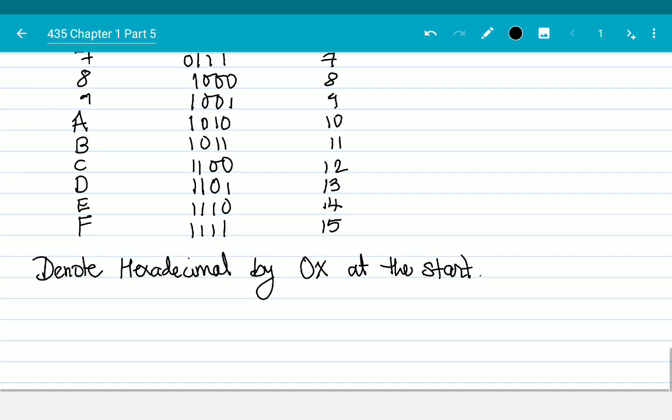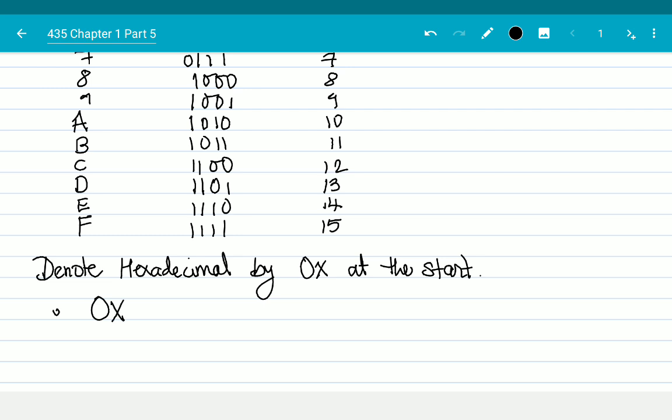Okay, so for example, 0x10 is equal to 16 times 1 plus 0 times 0, plus 0.